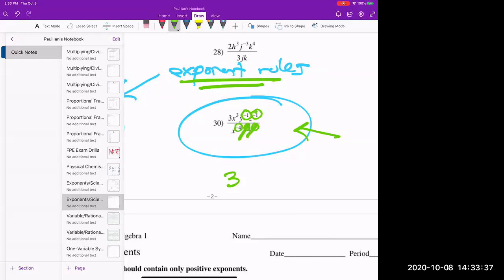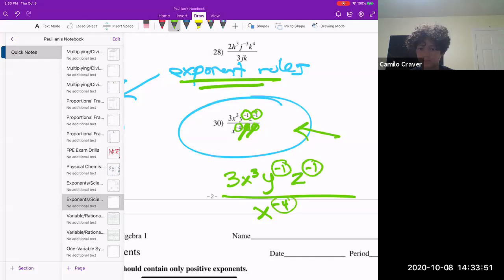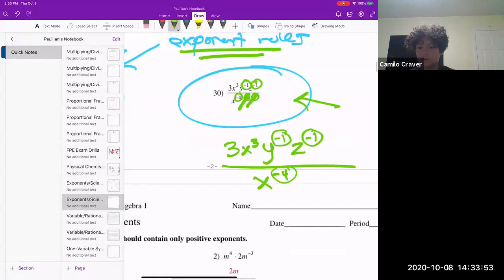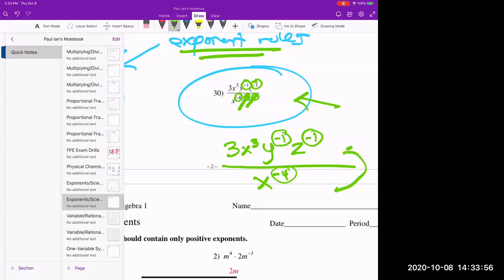Let's rewrite these guys: y to the minus 1, z to the minus 1, x to the minus 4. Let's get rid of these next. What do you do when you have negative exponents? You switch these guys. So 3x cubed, x to the 4th, y to the 1, and z to the 1.